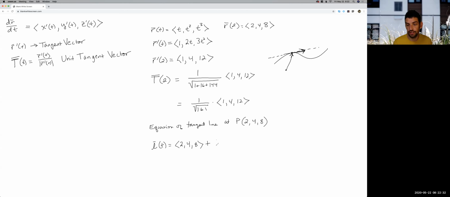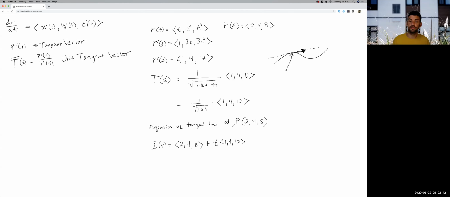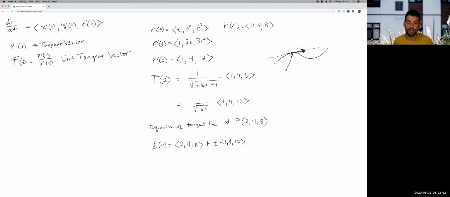Well, the direction is given by the tangent vector, 1, 4, 12. I could also use the unit tangent vector, but it's a little bit uglier, so I'm just using the simple one, since I don't have any reason right now to use the unit tangent. This gives me the line that touches our curve at the point 2, 4, 8 and goes in this tangent direction.